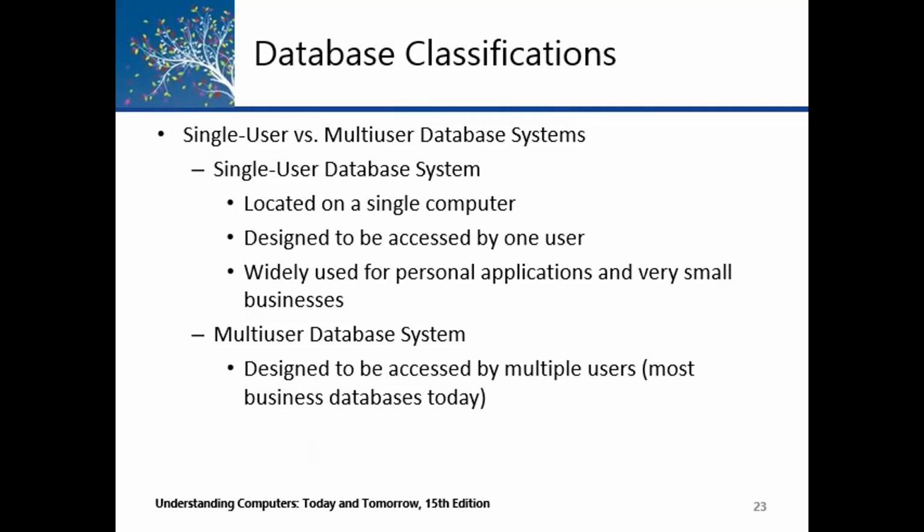A multi-user database system is designed to be accessed by multiple users, like most business databases today. Suppose the business is located in a particular head office, and there are so many branches for that business. We have to know the transactions daily, so we are using a multi-user database system.